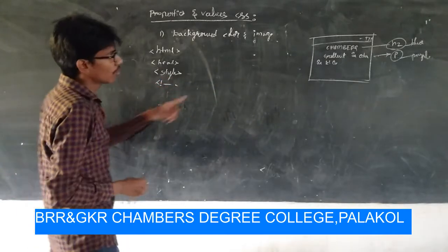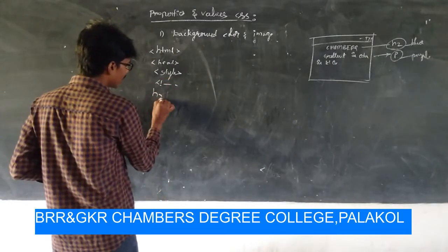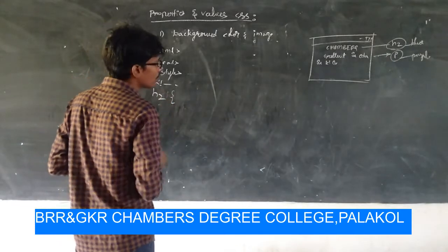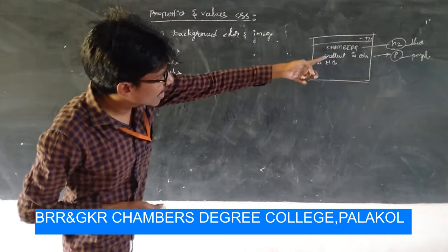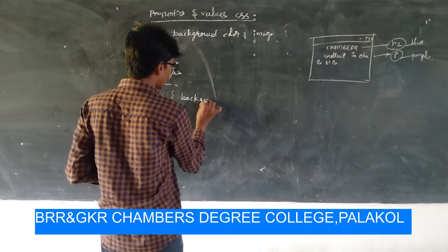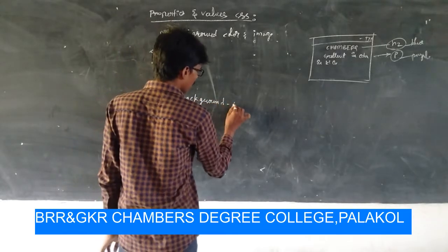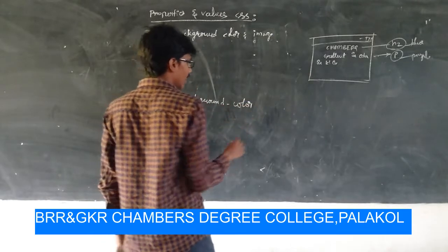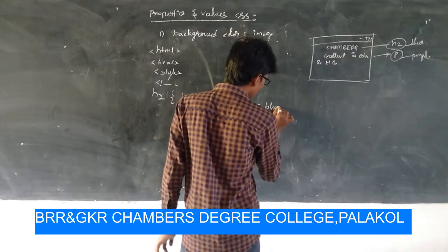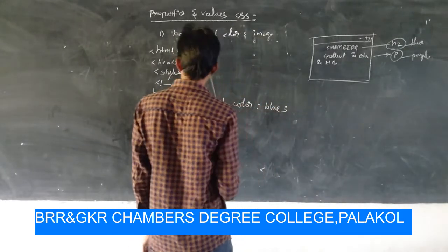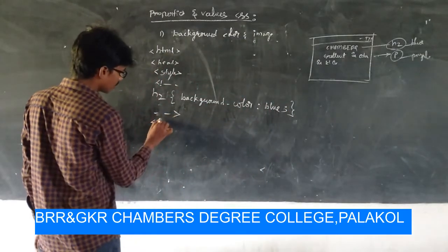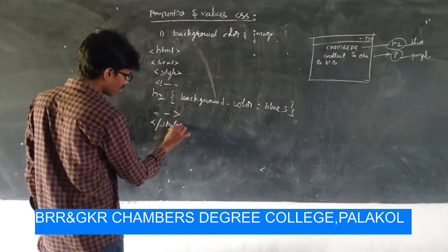One is the heading, which is H2. If you want to present this heading in blue color, you take background color as the property and mention the value blue. After that semicolon, close the curly brace, then close the style section.